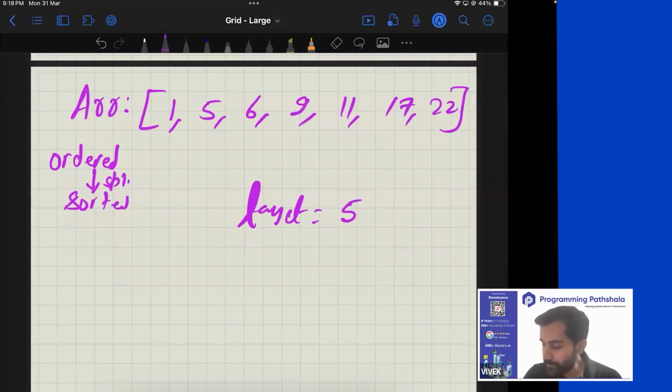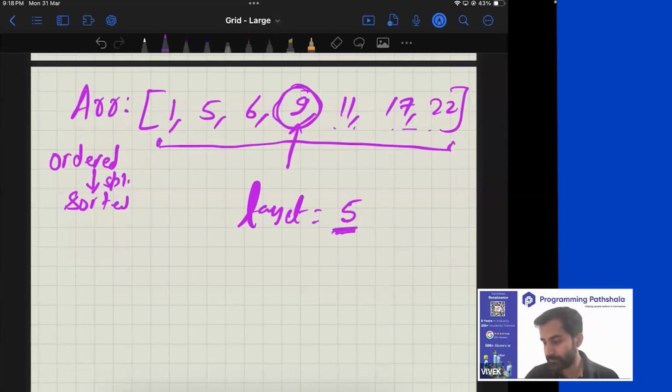The idea behind binary search is you always start with the entire array and then you hit the middle element, right? And you compare that middle element with your target. And if that middle element is, let's say, greater than the target, then you know that everything in the right side will be even greater, right?